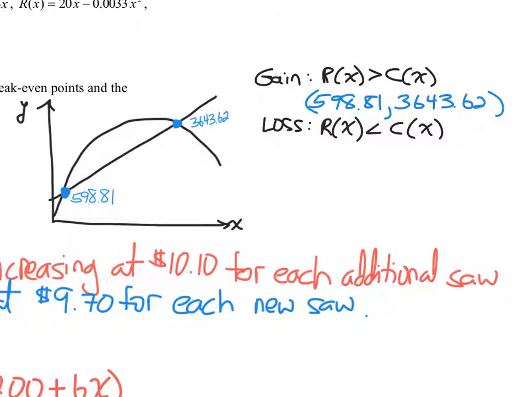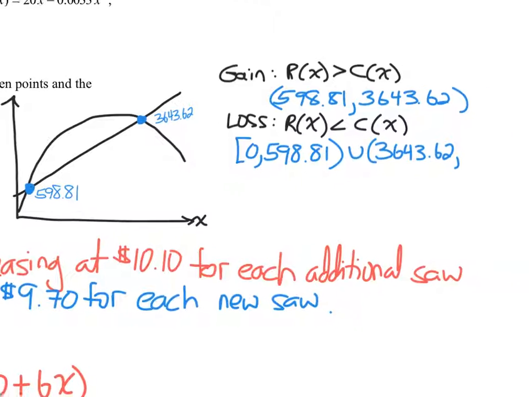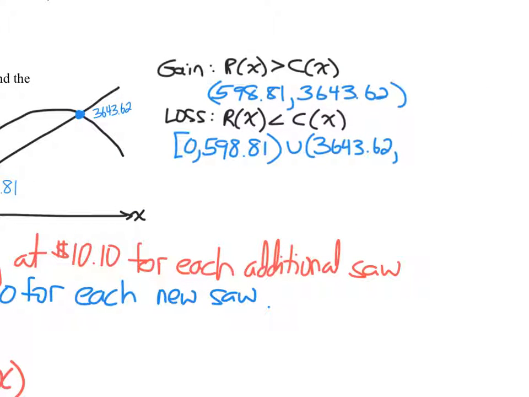All right, so revenue is less than cost. All right, so you're taking in less than you're shelling out. That would be everywhere else. So that's on the interval of 0 to 598.81. And then 3643.62 to N.